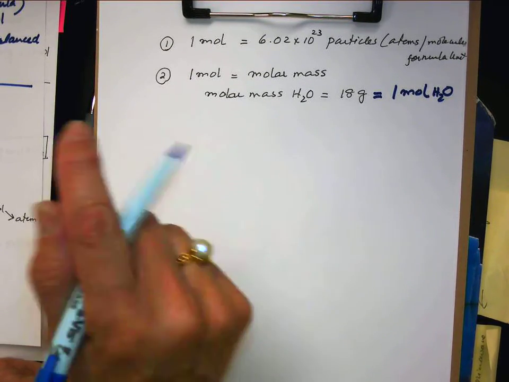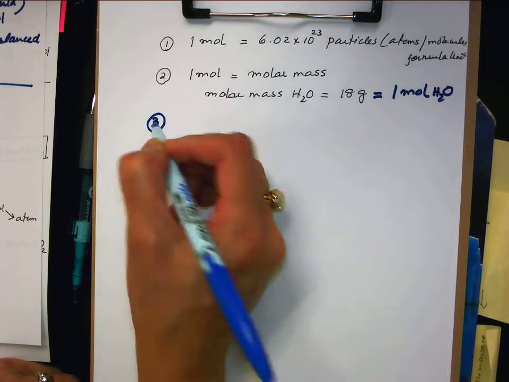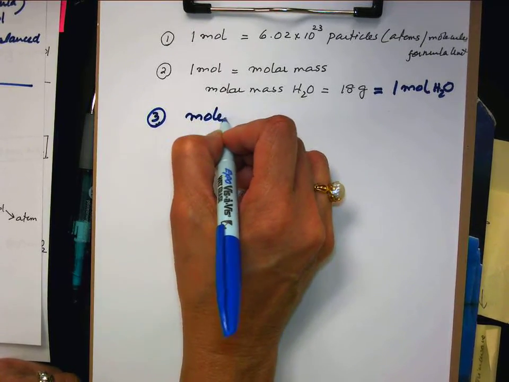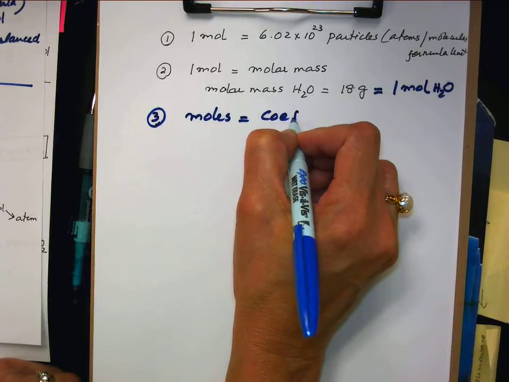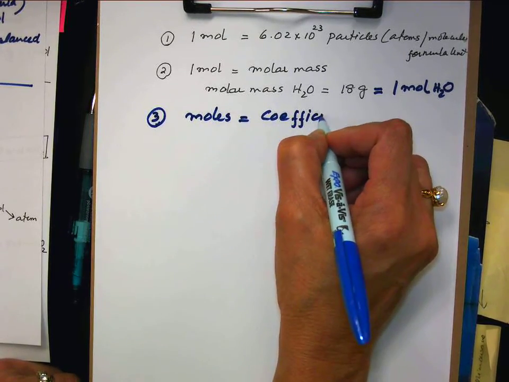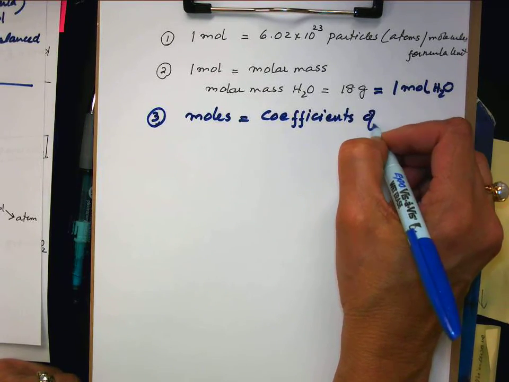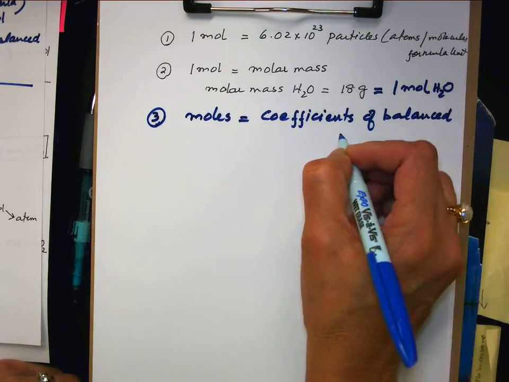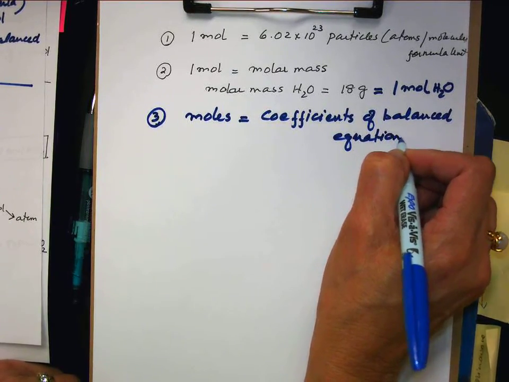Okay. All right, number 3 you need to know is that moles are the coefficients of a balanced equation.